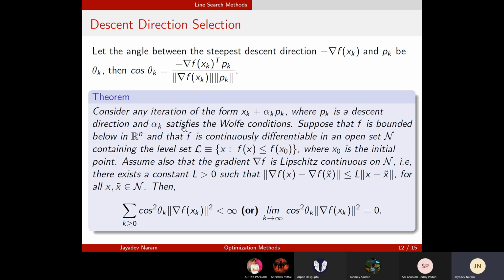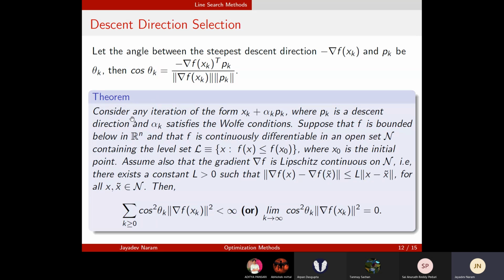So now we want to see what exactly the Wolfe condition ensures for us. Now we will come to the descent direction selection. Our descent direction is pk, and this is the steepest descent direction. Then you know that the cosine of the angle between these two vectors is given by this quantity.